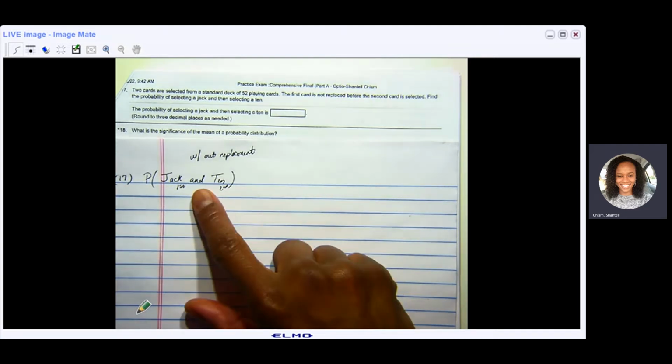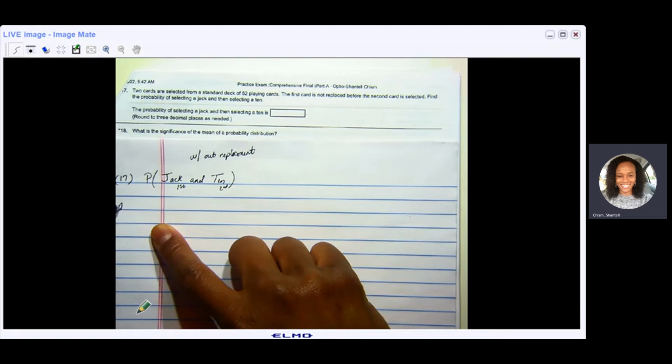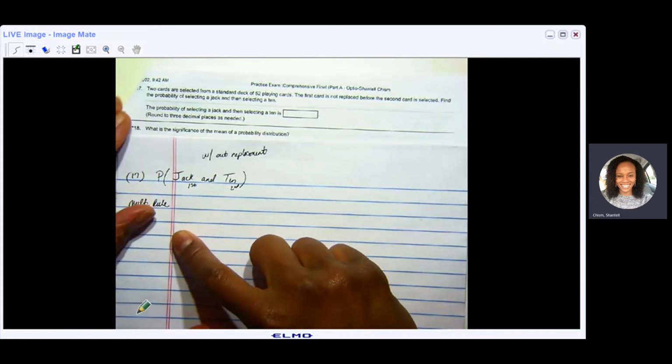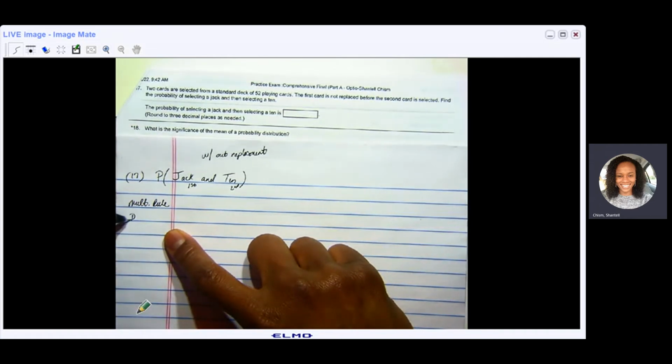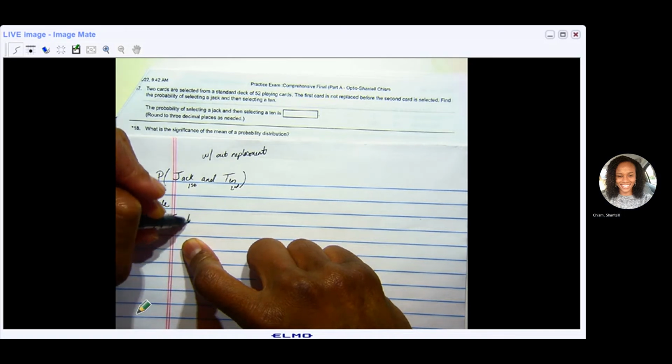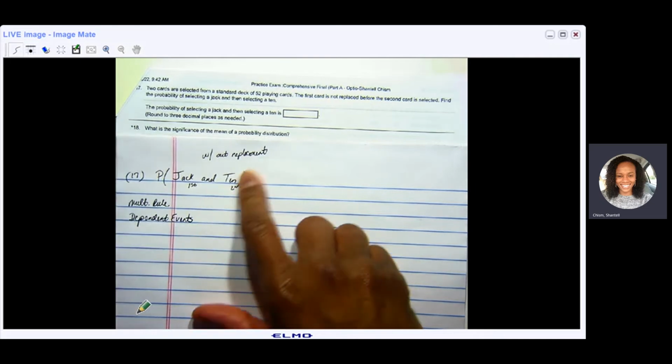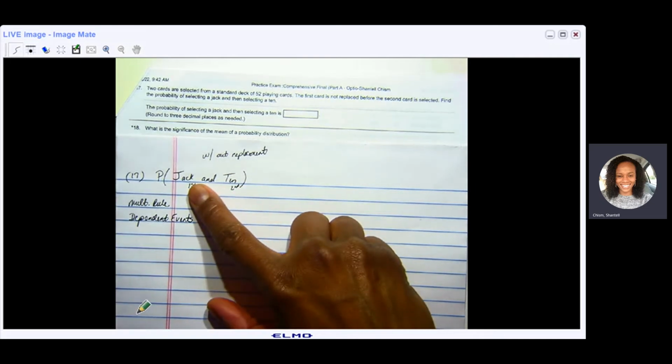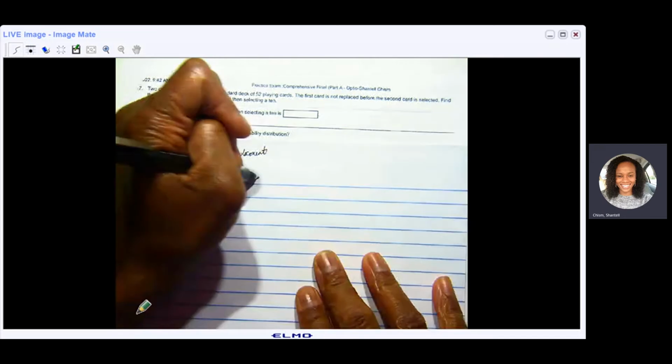So this is connected by the word and, so we're dealing with the multiplication rule for probability, and these are dependent events, because we are not placing that first card back before we select the second.